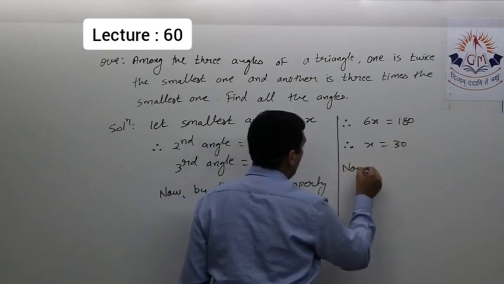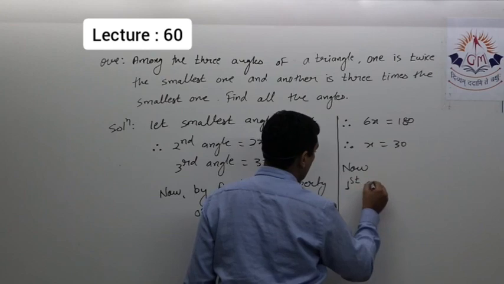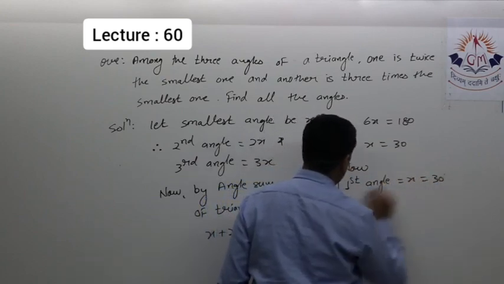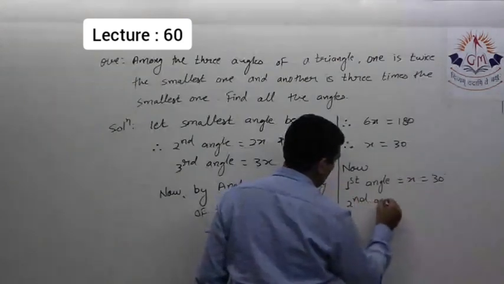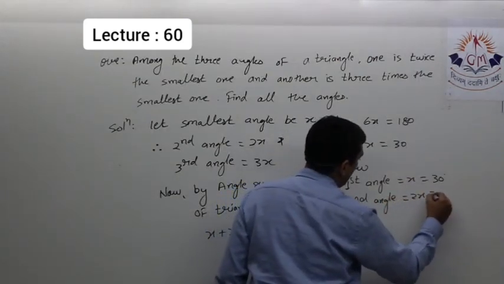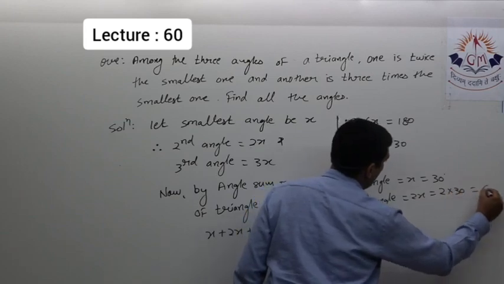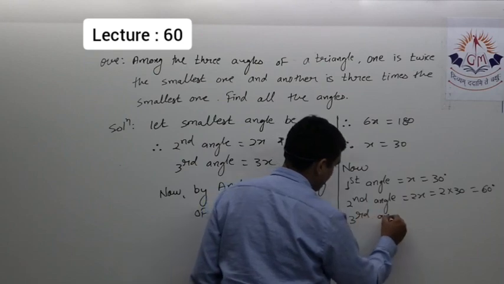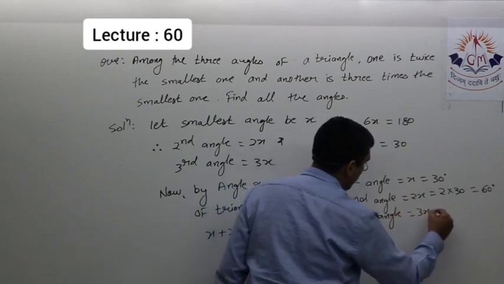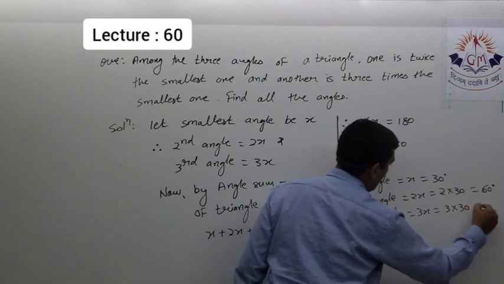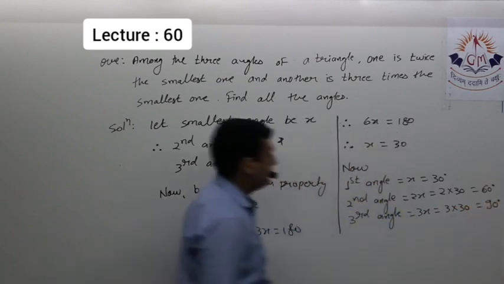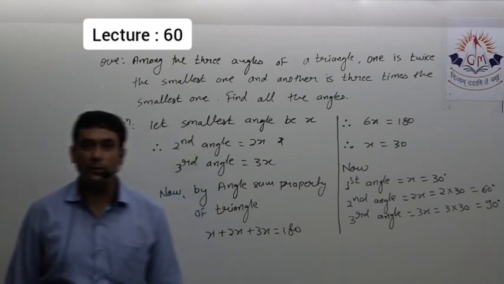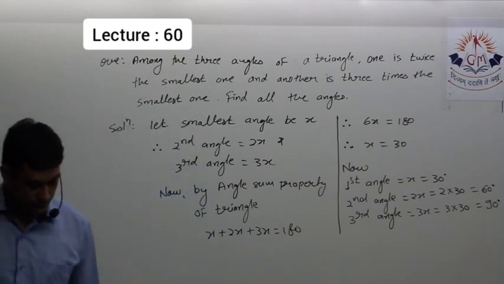So we have the measure now. First angle, that is the smallest, is x equal to 30 degree. Second angle, that is 2x is equal to 2 into 30, that is 60 degree. And third angle, that is 3x is equal to 3 into 30, that is 90 degree. Okay, so these are the measure of the angles. So please note it down, then we'll see the next question.